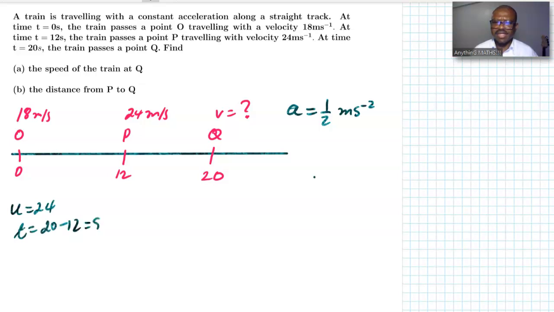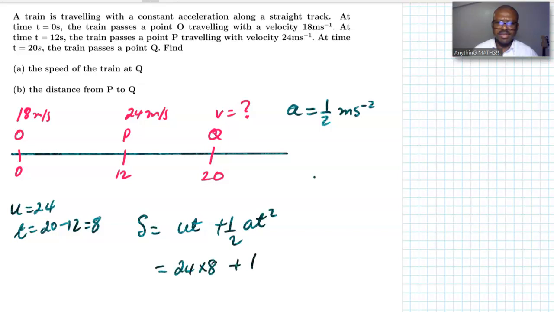That will give us 8 seconds. So I think everything is set. We use this equation. S is equal to UT plus half AT squared. We're going to have 24 times 8 plus half times half times 8 squared.